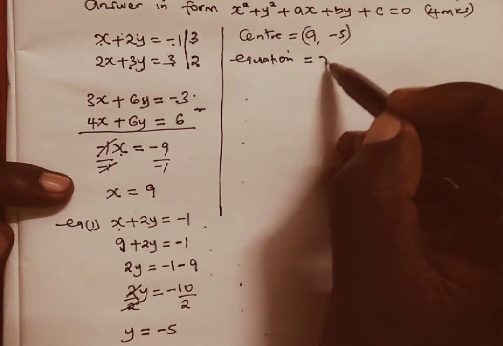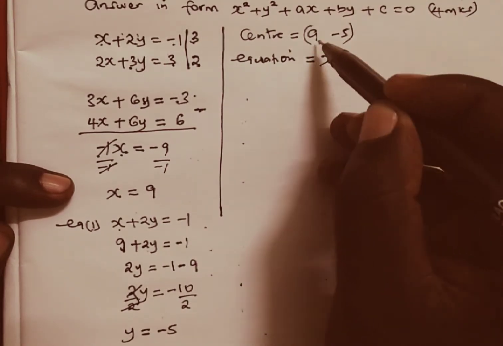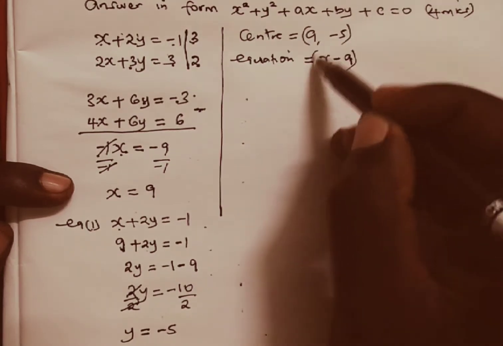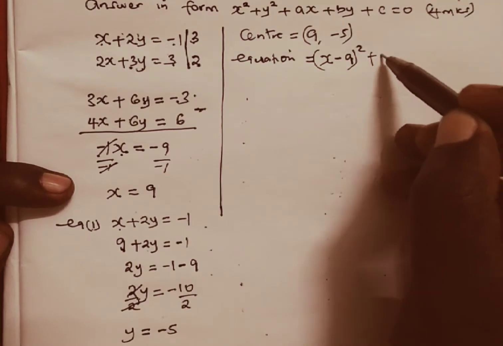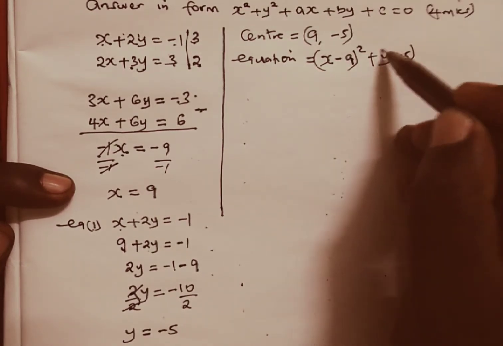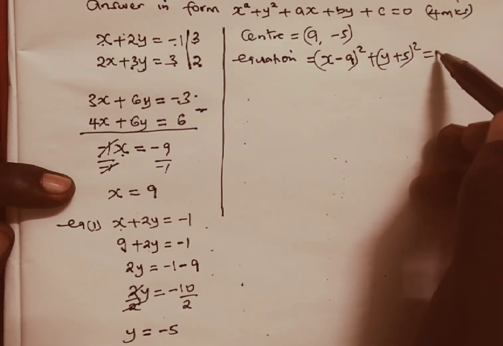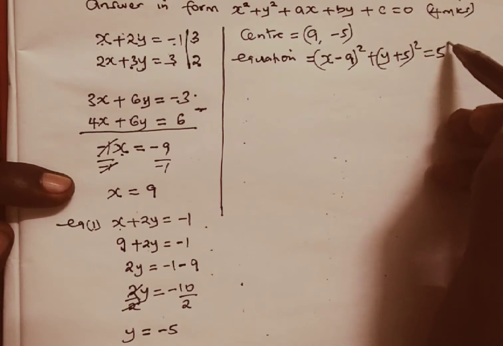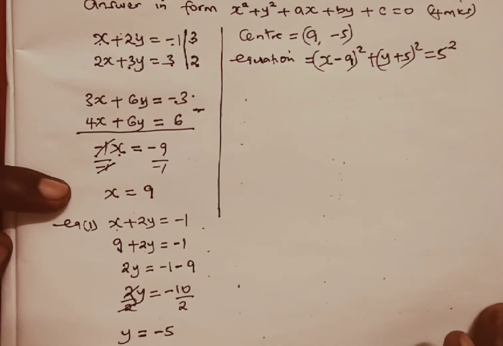We take x minus the value of a, which is 9, squared, plus y minus negative 5, which is plus 5, squared. This will be equal to the radius squared. Since the radius is 5, we are simply going to have 5 squared.